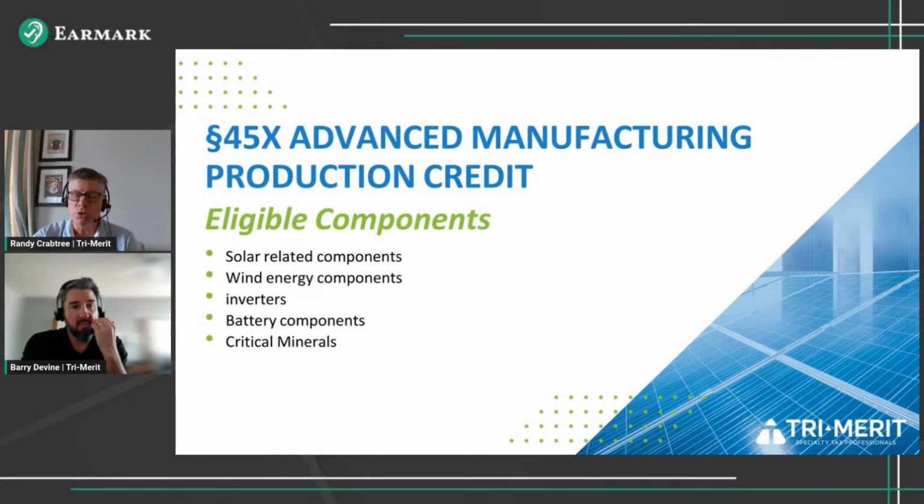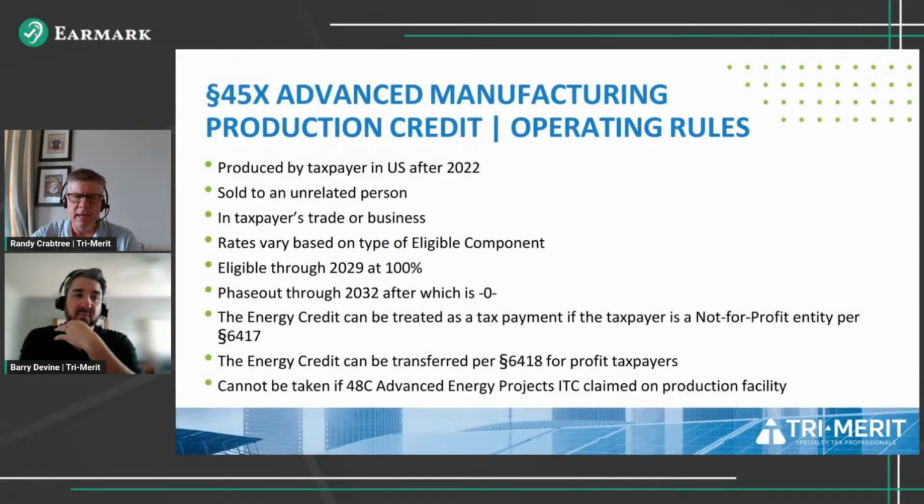So if we're producing these products and they end up in a product that produces renewable energy, we as the manufacturer can now take advantage of a production tax credit. And when we say production tax credit, again, it's based on the production. So what did we produce? How many materials did we produce? How many wind turbine blades or inverters do we produce?